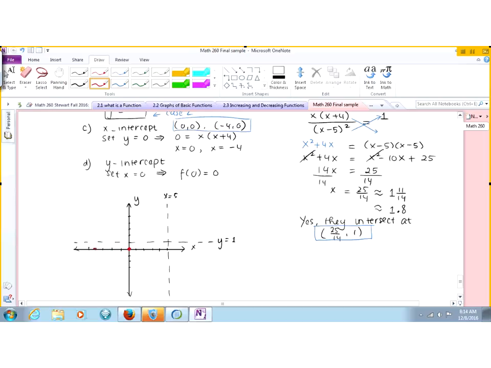And (negative 4, 0) is right here. All right. And does it intersect? Yes, at (1.8, 1), so it's around here. So this point here is (25 over 14, 1).